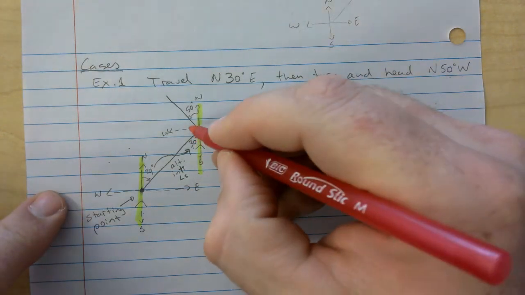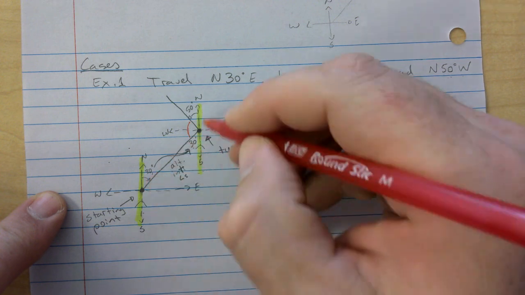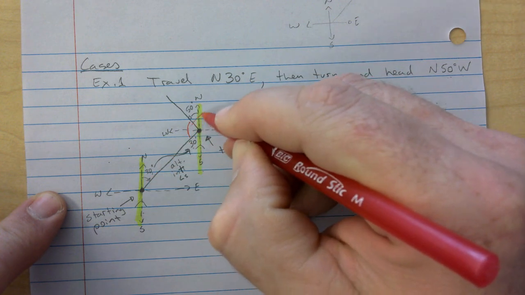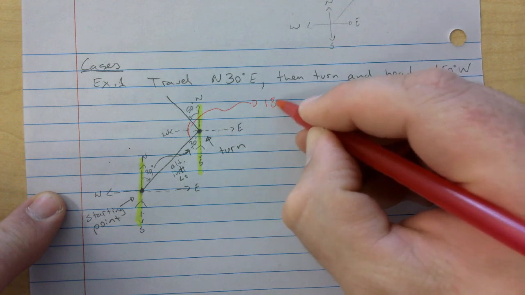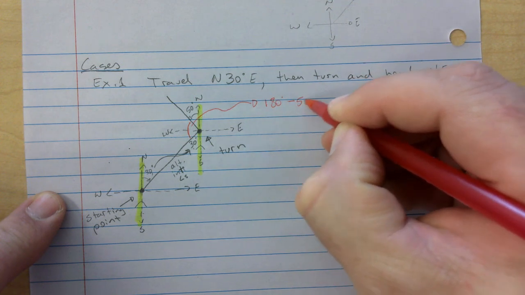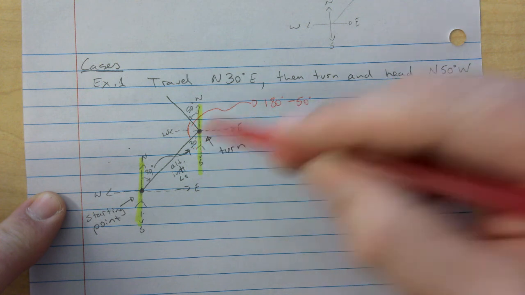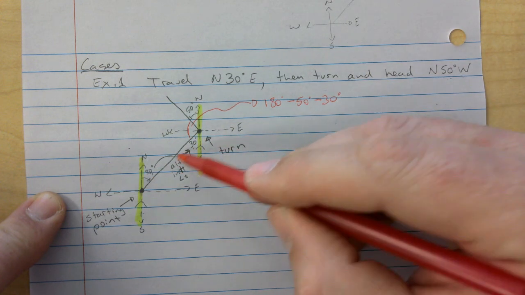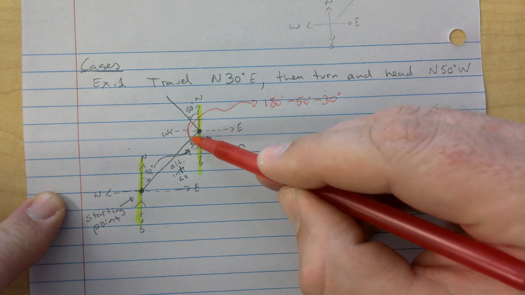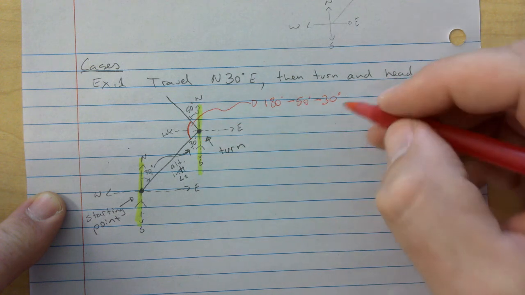And then how would you find this angle right here, which is really the inside of the triangle? Well, you have a straight line. We could go 180 minus the 50 that you had here and minus the 30 that you transferred over from here. So now you can actually find this one using the straight angle property. Right?